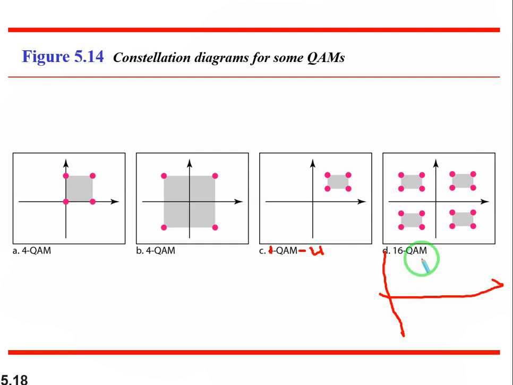So this 16 QAM gives us the easiest way of transferring our digital data into analog, because our number of levels is going to increase. It means for a 0 0 we have this, for a 0 1 this, for a 1 1 this.